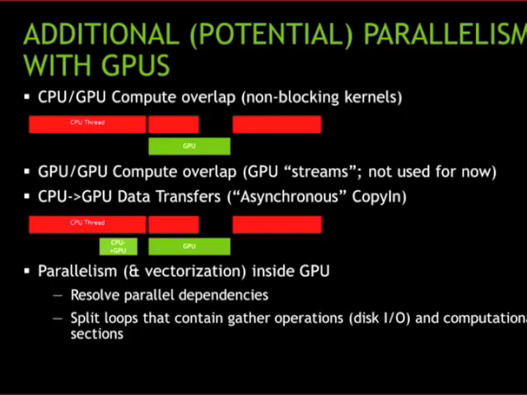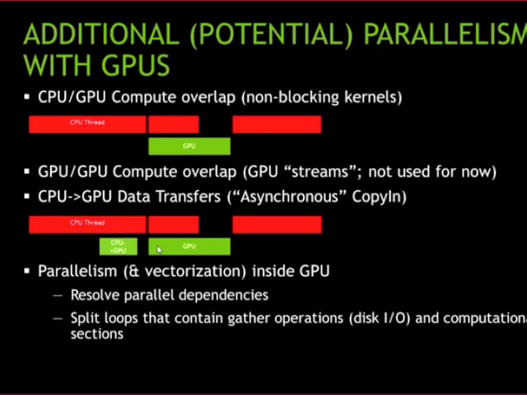So in Gaussian, we use the ability to perform these transfers asynchronously. And that means that if we know very early on what kind of data will be needed on the GPU, we can initiate the transfers so that by the time we start the GPU execution, the data is already there.